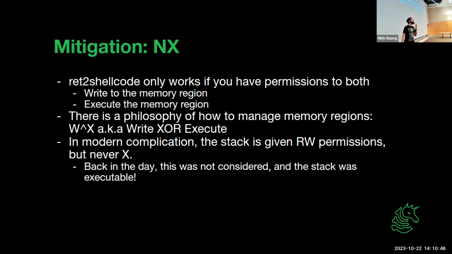You don't want programs writing their own code while they're running. Back in the day, this was not considered. It was only added to the Linux kernel in 2004, which is 20-something years ago. But besides the point, binaries before that didn't have this as a major protection. So a lot of the challenges we give you will have this off. But as you get to more and more real binaries, you can expect that the stack will never be executable, because it's just a whole host of issues.